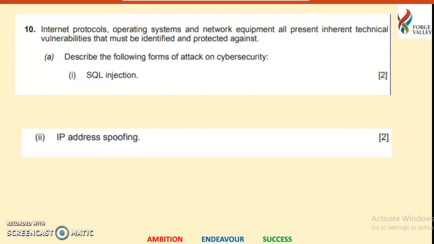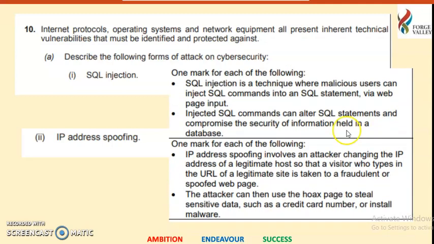Towards the end then, it was asking you about cybersecurity. Again, this was a homework question. So SQL injections, that's where they put in code into databases or scripts in websites. So they can change the code by adding an extra line of code.